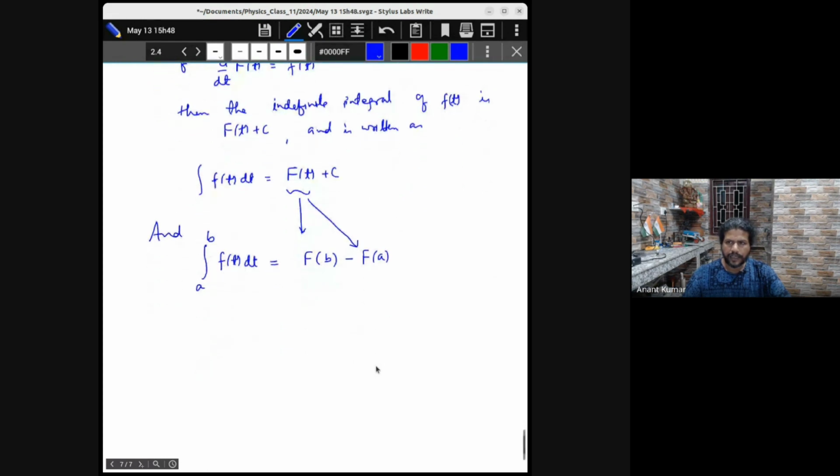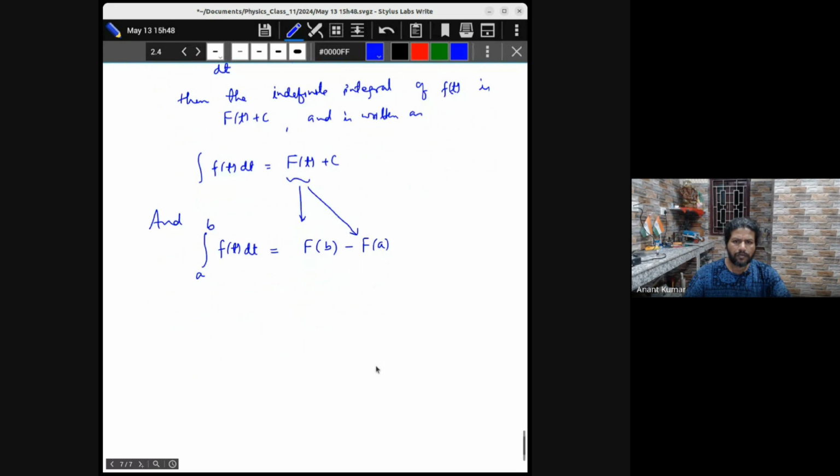Before any example, there will be only a couple of formulas that I'm going to provide. In fact, the reason is that there are a lot of integrals, and if we take all of them, there is no benefit for us. What is important is that there are some standard functions that we often encounter. In terms of physics, we won't encounter too many of them. In fact, very few.